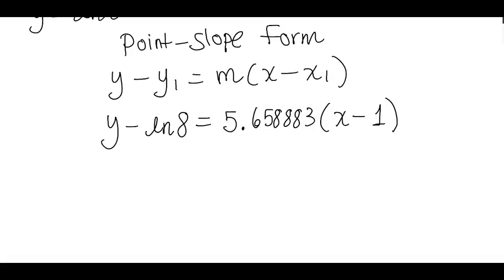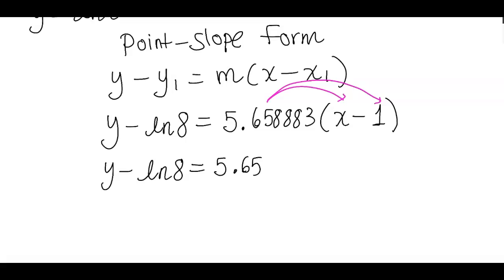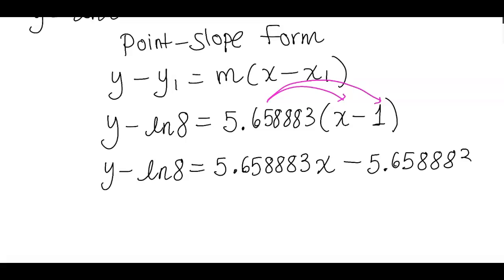It's probably not good to round in the middle of a problem, but hey, who cares? This is okay. So I'll distribute first. Y minus natural log of 8 equals, if I distribute, I will get 5.65883x minus 5.65883.